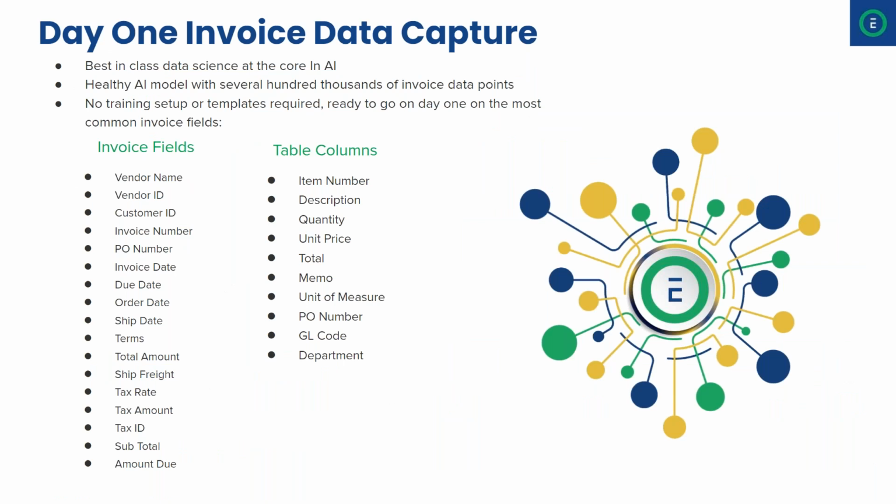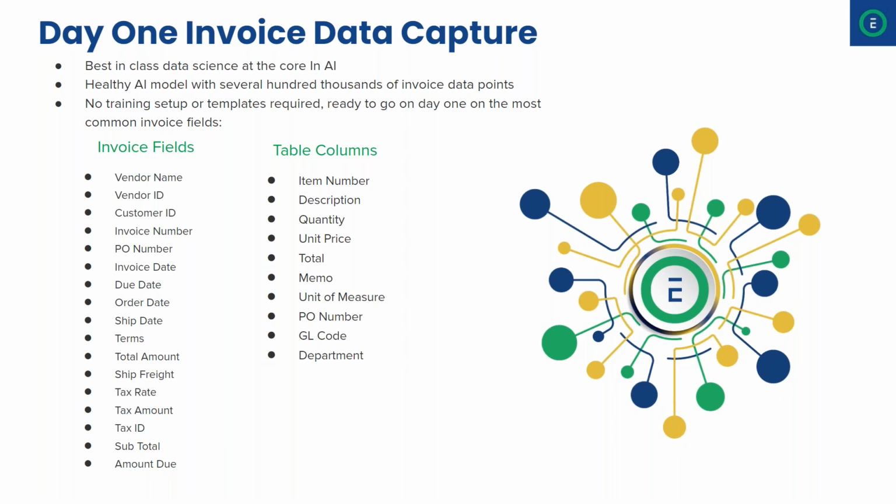Okay. What we're going to show you is Ephesoft Semantic. Semantic is a cloud-native AI for documents platform. We've actually trained it. One of the benefits of being around for 10 years is that we accumulated a lot of invoice data. So we've actually trained it on a couple 100,000 data points.